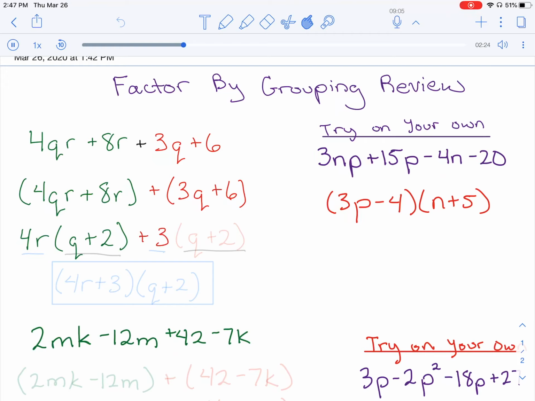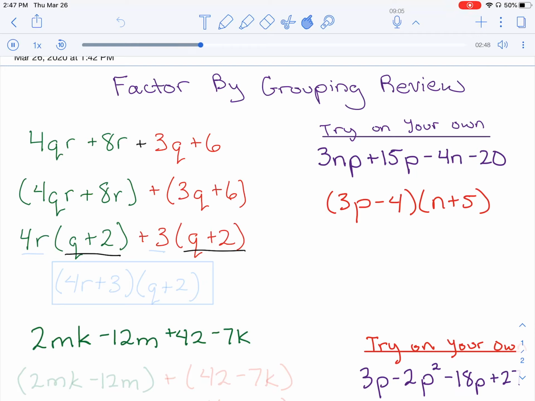And so inside of this binomial, I'm left with Q plus 2. Now, hopefully you've noticed here that both sets of parentheses have the same terms on the inside. They both have Q plus 2. So now we can consider that both sets of binomials now have a greatest common factor of Q plus 2.